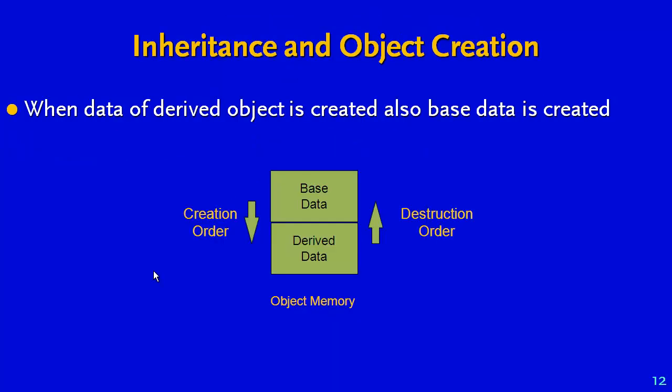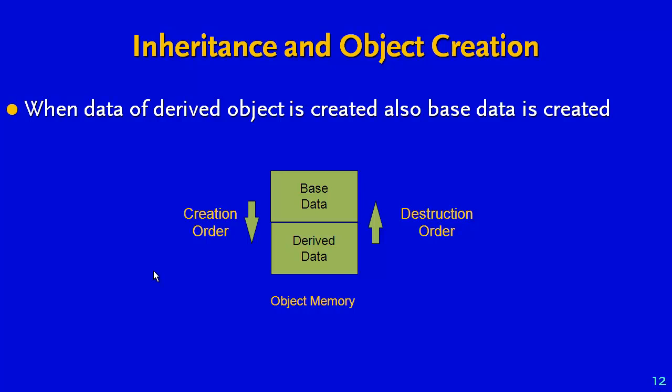So here's a diagram. Okay, we now want to get to the next stage. We're talking about constructors. As I've said before, when you're creating a derived class object, you have to initialize the base class data and the derived class data. And then the order is as follows.